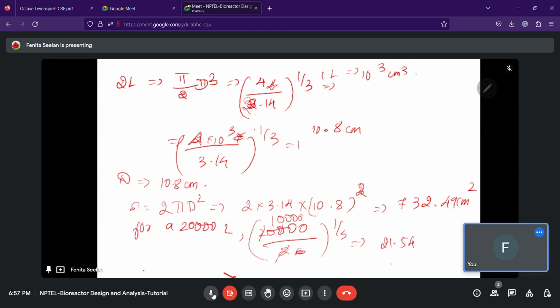So if you multiply the scale up criteria with the diameter of the small reactor and then the S of the small reactor, then you will be able to get the values for the larger reactor. So if you do so, diameter of the larger reactor will become 21.54 into 10.8 centimeters.